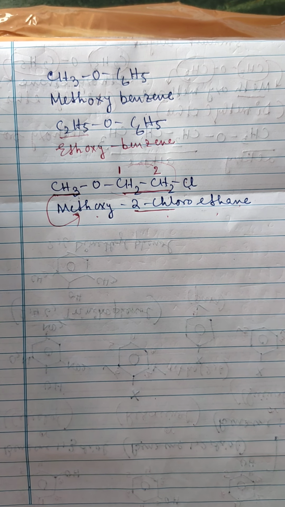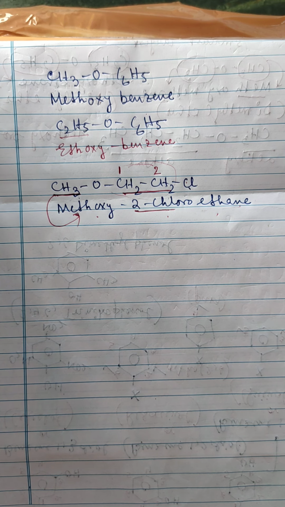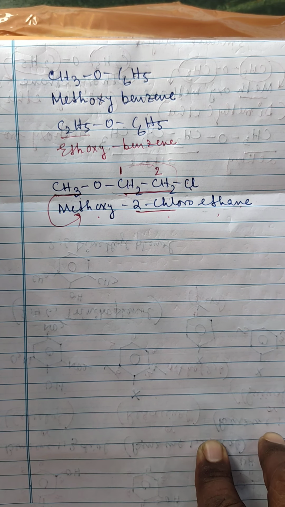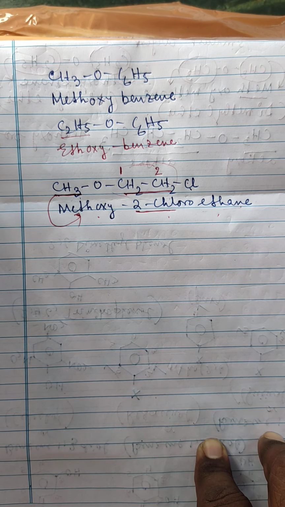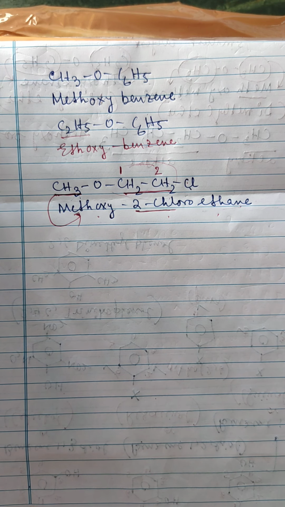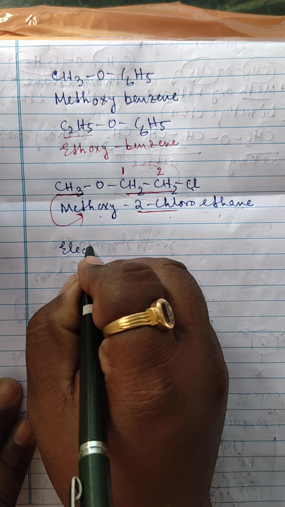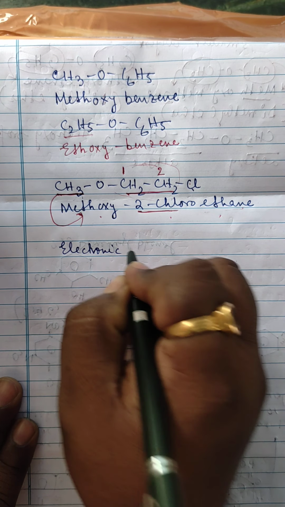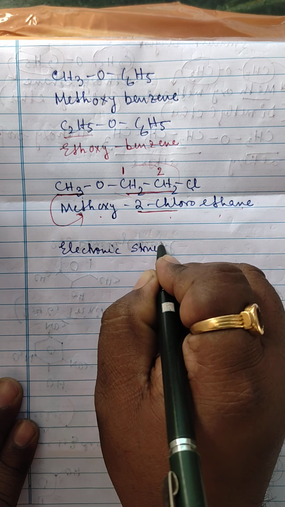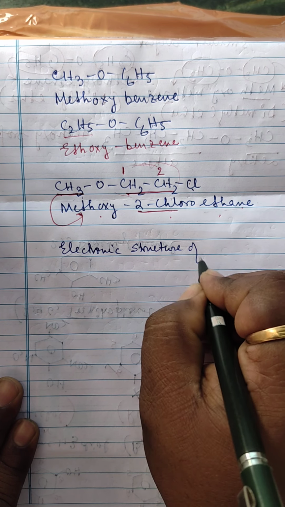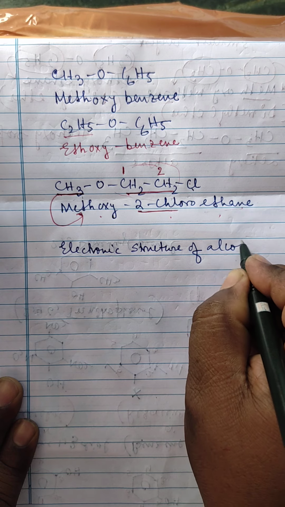After that, children, we are going to discuss the electronic structure of alcohols, ethers and phenols. First, the electronic structure of alcohols.